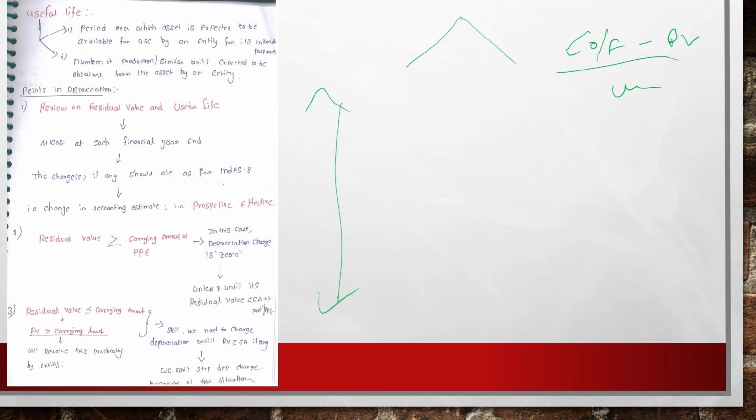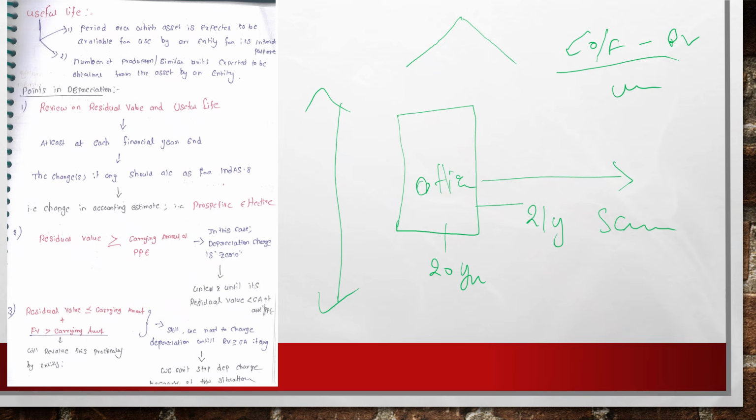Say suppose you took a building for admin office purpose, so you can use that building for 20 years. So 20 years is for office purpose, and then in the 21st year you sell that building in the secondary market, and you want to buy a new building.